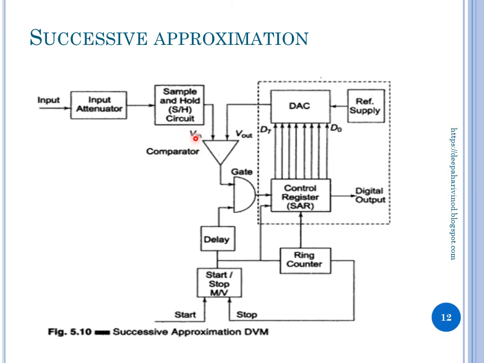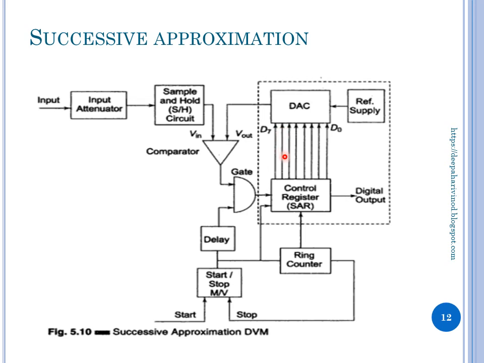If the total reference voltage exceeds the unknown voltage, the comparator produces the output that causes the control register to reset its second bit to 0. That is, the second bit was set to 1. So here again it compares, and if the total reference voltage exceeds the unknown voltage, the comparator produces the output that causes the control register to reset its second bit, which resets the previous set bit, that is D6.